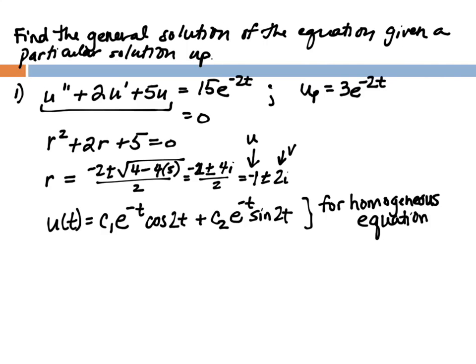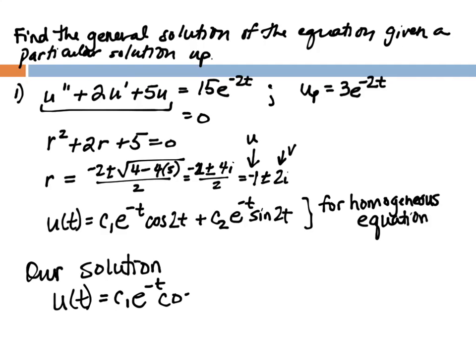So for our final general solution, you're just going to have to identify that this is not the same u of t. The notation that the book is using does not differentiate between them. So it's going to have that form that we already had from before. So all of that's going to stay the same. So C1 e to the negative t cosine 2t plus C2 e to the negative t sine 2t. And then according to theorem 2.1, what am I going to do next?